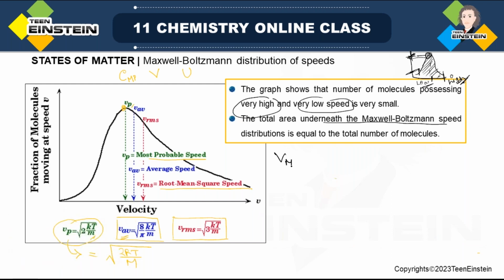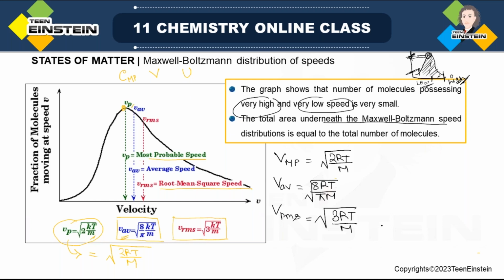So Vp, or I am writing here most probable velocity, that is equal to root 2RT by M. Then V average, that is equal to root 8RT by pi M, and root mean square, what it actually means I will show. Right now just see the terms and you have to remember all these terms.